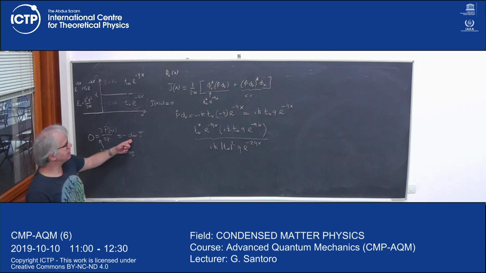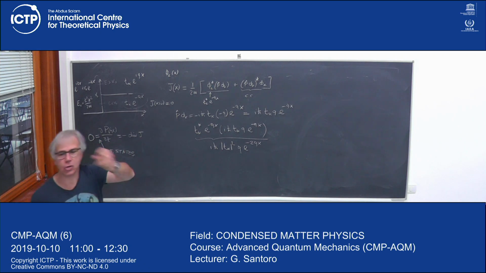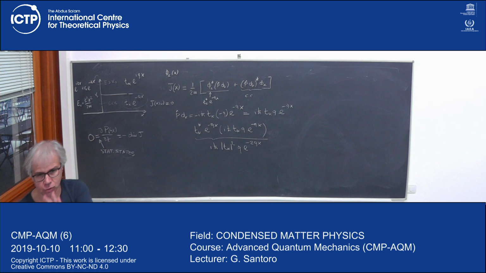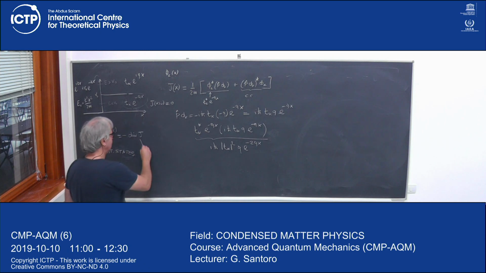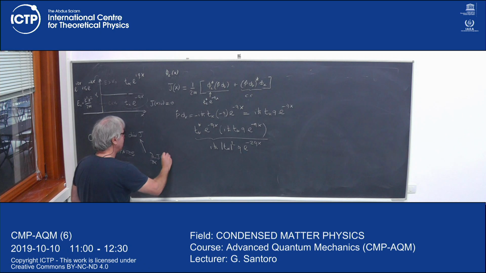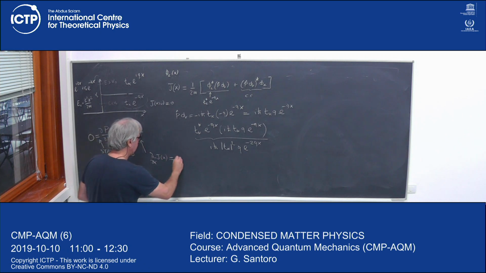Which means that the divergence of the current of any stationary state should be 0. But the divergence of a current in one dimension, what is it? The derivative with respect to x of j of x. So this should be 0.